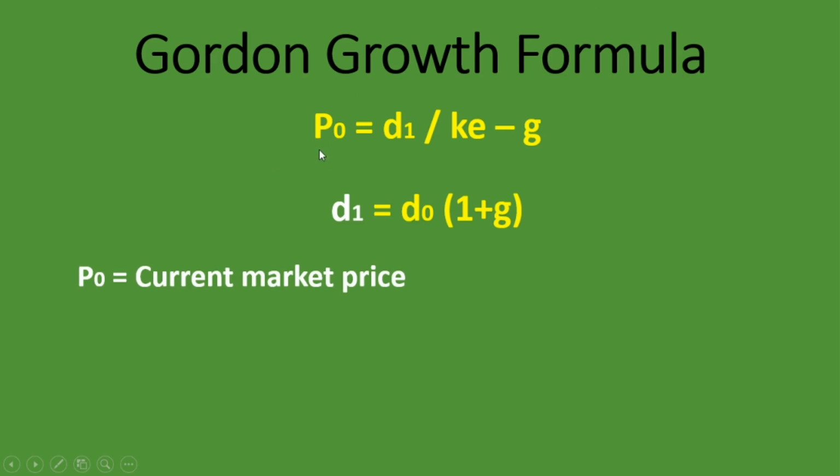D0 is the current dividend, so D1 is obviously the dividend in period 1. We take D0, the current dividend, times (1 plus G), and once we've gotten D1, we divide it by KE minus G.